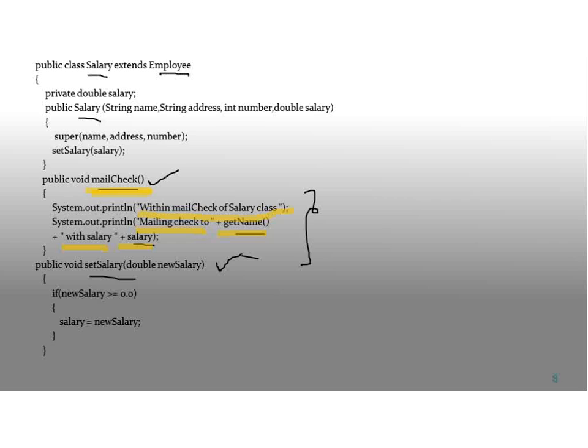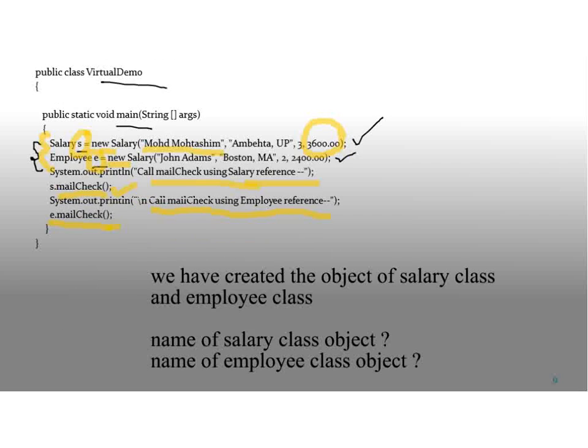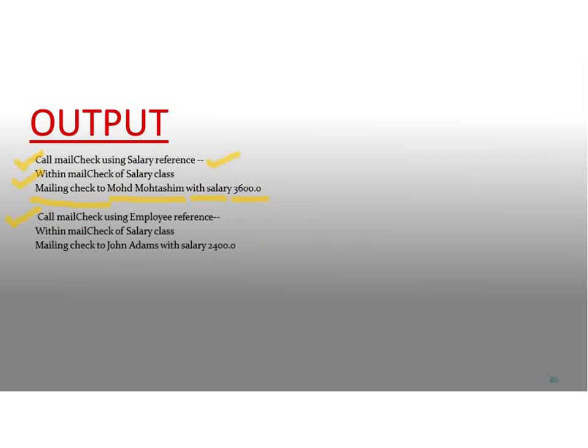Now you can see, instead of calling the mail check method of parent class employee, the mail check method of salary class is called. That's why we have this statement within mail check of salary class, even though the method of the parent class is called.